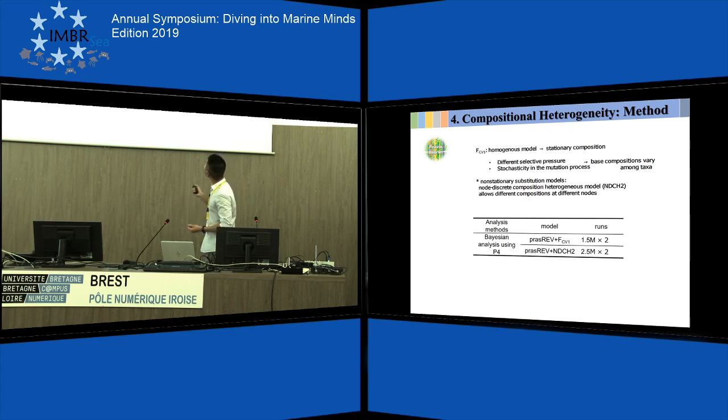So I used a non-stationary model called NDCH2. The full name is here. This model allows different composition among different taxa. And this model is based on Bayesian analysis. And here we use the P4 platform.